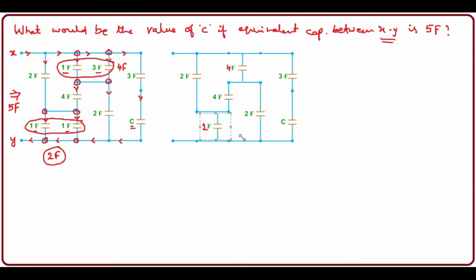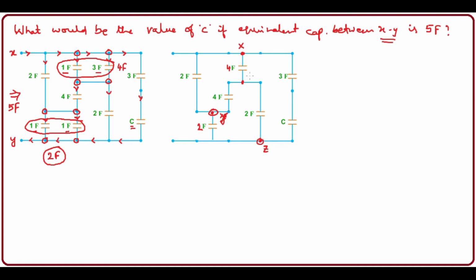This is just for visibility, so nothing changes. With this, I can conclude that this is one point, let me call it X. This is the midpoint, and this is another point, Y, and this is Z. So these are the 3 points.